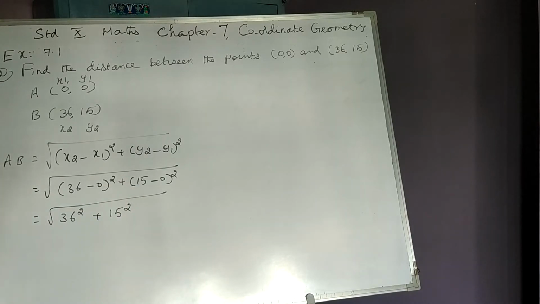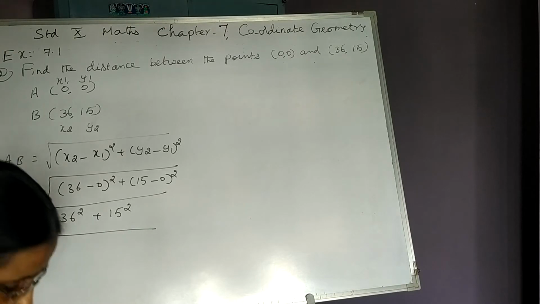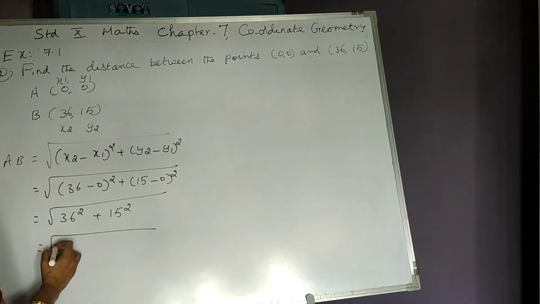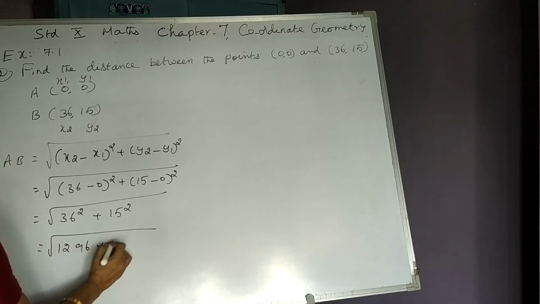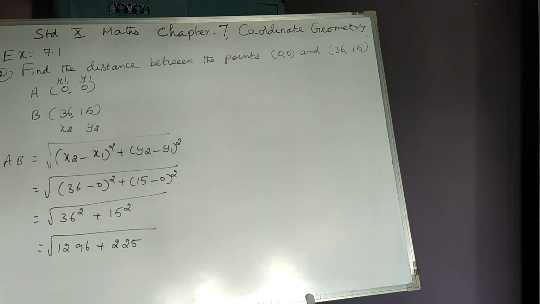What is the square of 36? 36 square is 1296 plus 225. 1296 plus 225 is 1521 and square root of this number is 39.